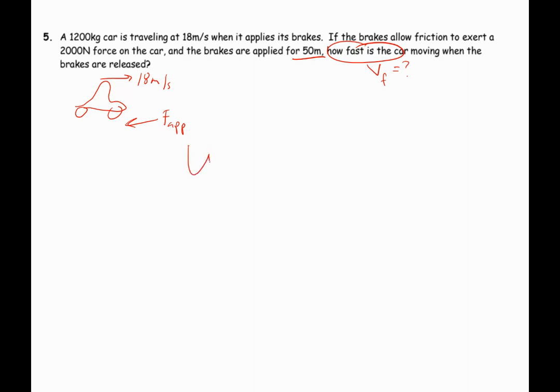In order to do that, we use the work energy theorem, where we know that the net work is equal to our change in kinetic energy. Therefore, we have our force applied times our distance, as long as that force is parallel to the distance, equal to 1/2 m times V final squared minus V initial squared.